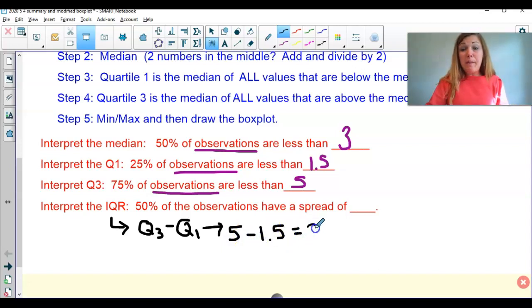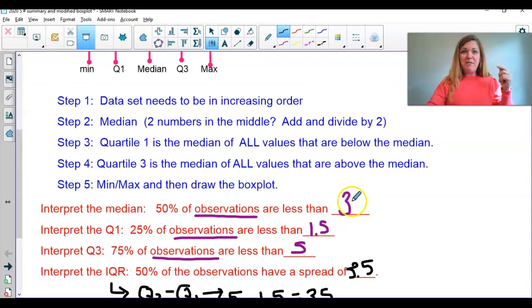That's equal to 3.5. So quartile 3 minus quartile 1 is my IQR, a measure of spread. 5 minus 1.5 is equal to 3.5. If I'm going to interpret that, I would say 50% of the observations have a spread of 3.5.